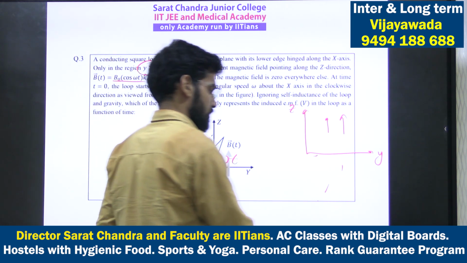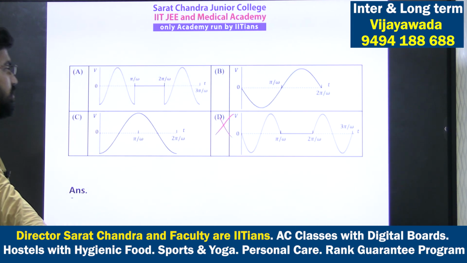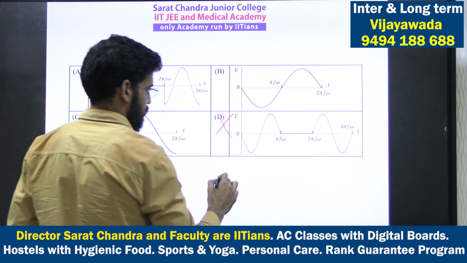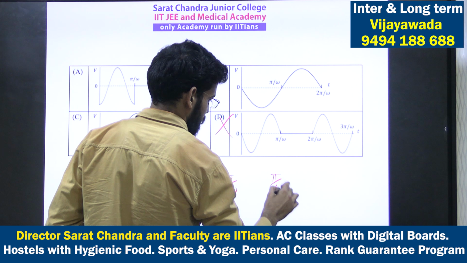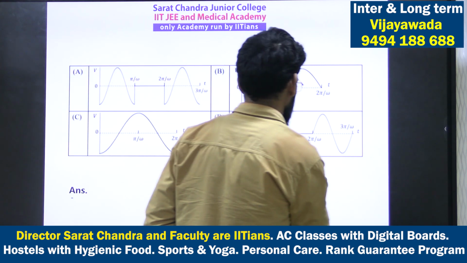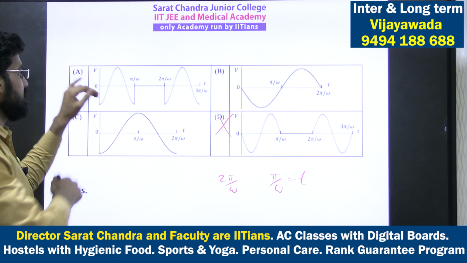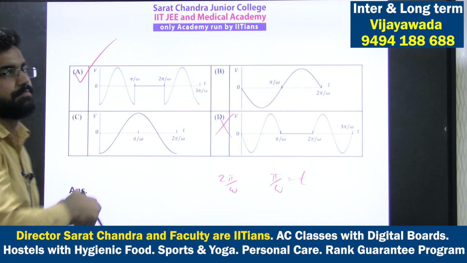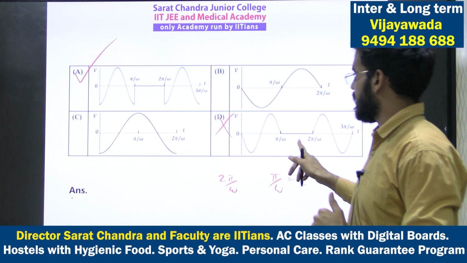So I can say that after time pi by omega, there is no magnetic field. 2 pi by omega is there, but after pi by omega rotation there is no magnetic field. So I can say here the answer is this option directly. Understand? Confusion was here and here only.